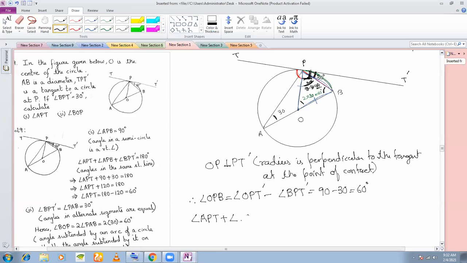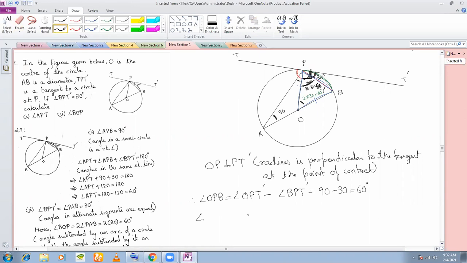One angle still remains unknown. This entire angle is 90 degrees, definitely. But what about this angle? We have to consider angles in alternate segments also. We have found out this angle to be 60 degrees.